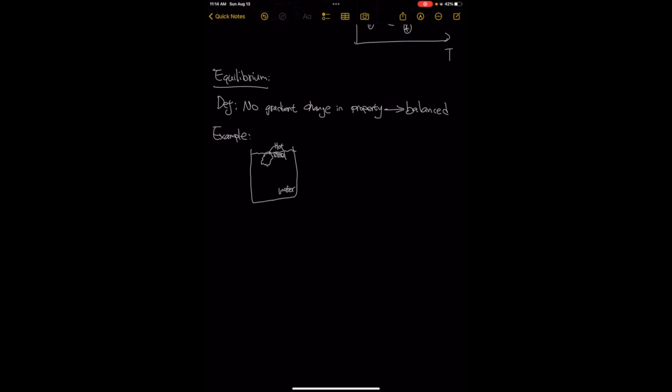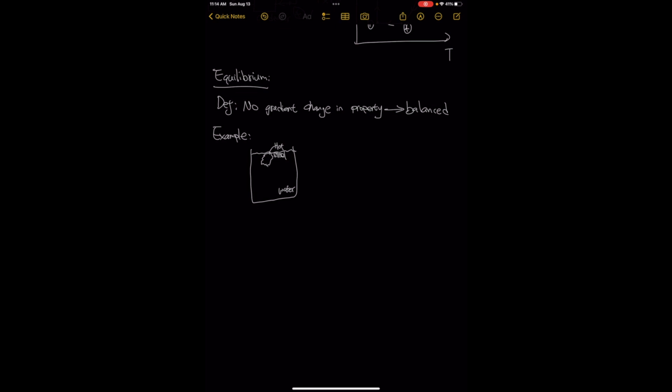Or you can think about a hot steel thrown into cold water, or water at room temperature. When you come back after 2 hours, the steel would have reached the same temperature as the water, and that particular moment or state we call the equilibrium state.